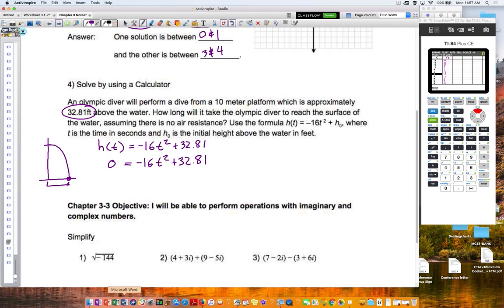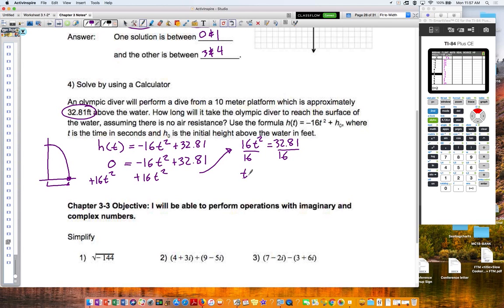So I'm just going to solve this equation for t. So what I'm actually going to do is add 16 t squared to both sides. You could actually move the 32 to the other side, but if I do that, then everything here is positive. Now I'm going to divide everything by 16.